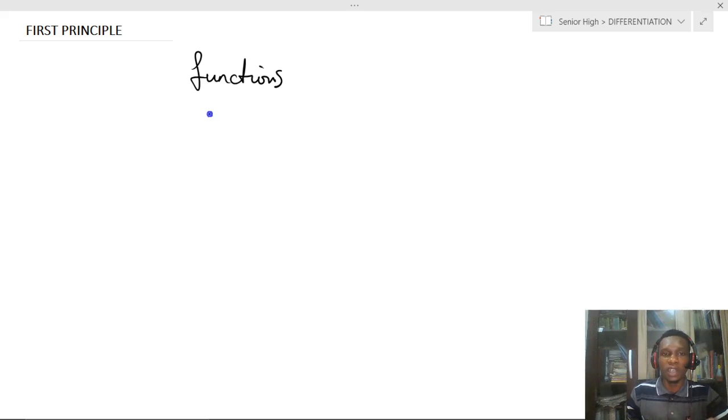For instance, let's say 2x, and let's call it y. If your x is 1, your y will become a 2. If your x was to be 2, your y will become a 4, right? It means that for every input you put in here, you get a desired output. That's what we call a function, the very simple way of putting it.